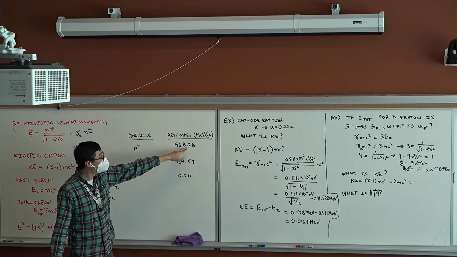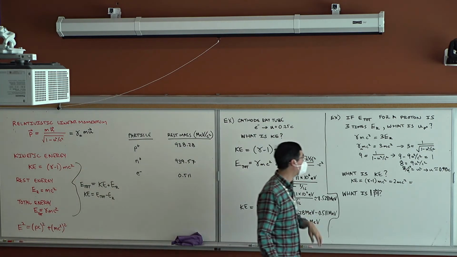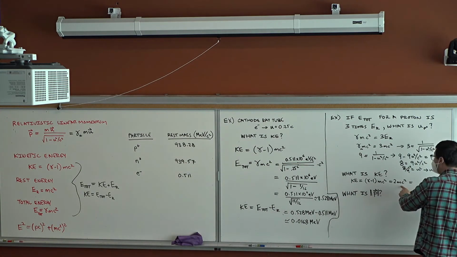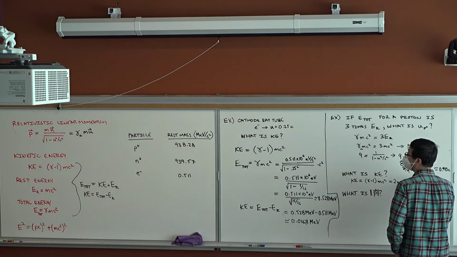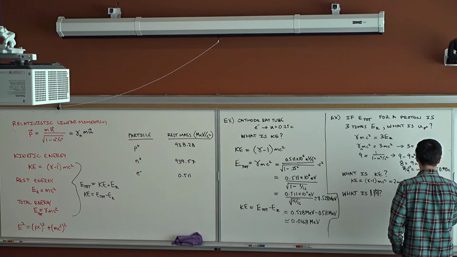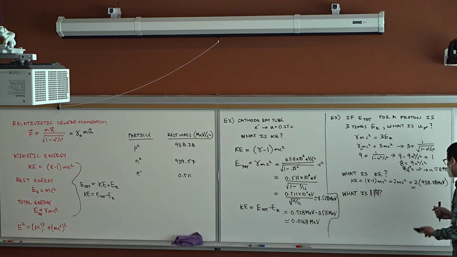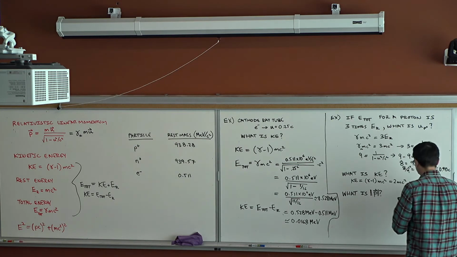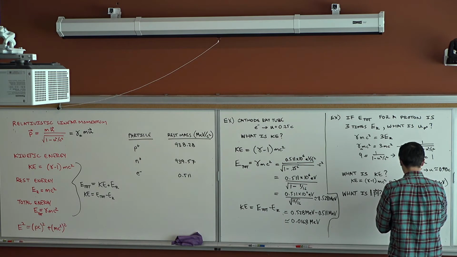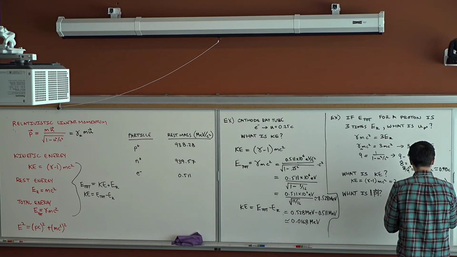I get 938.28 MeV. So 2 times 938.28 MeV is 1876.56 MeV.